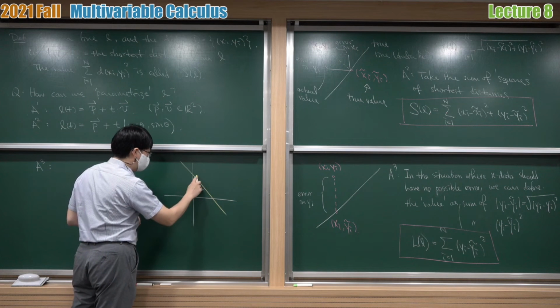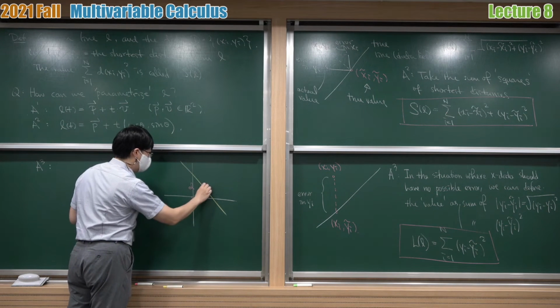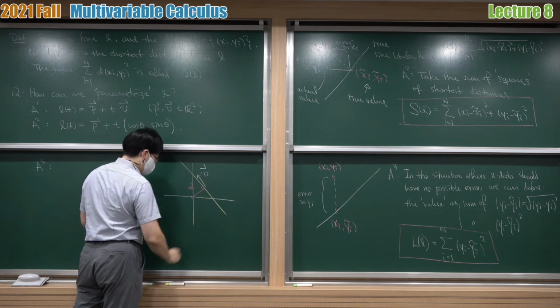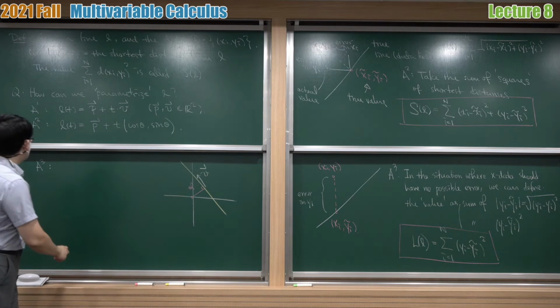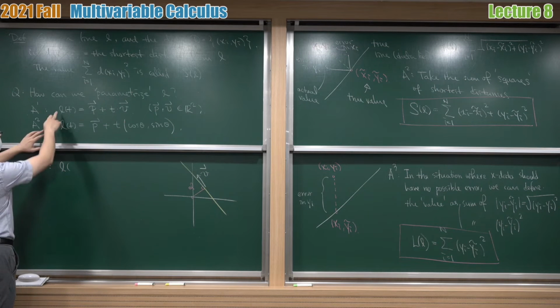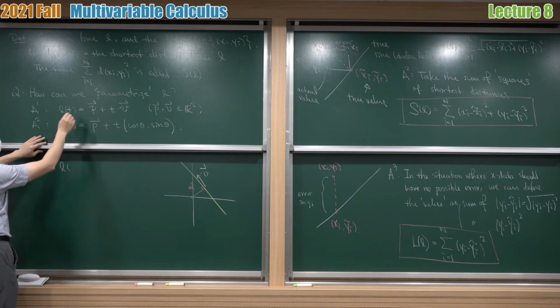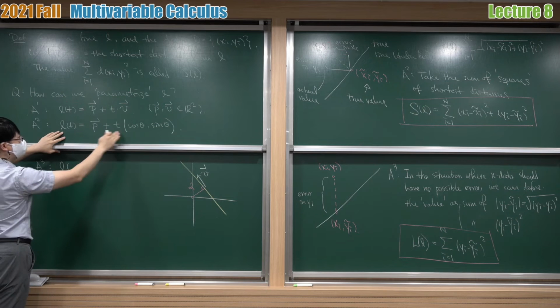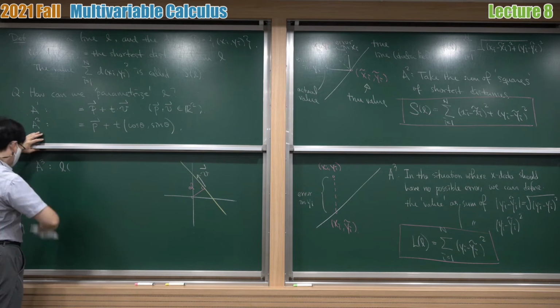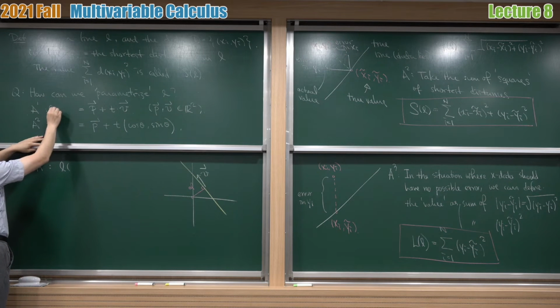So let's say this will be our v. In fact, this one has 4 parameters. This needs 3 parameters. So in fact, the line depends on P, V, and the parameter is t.